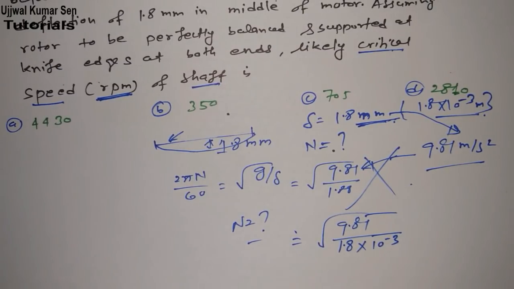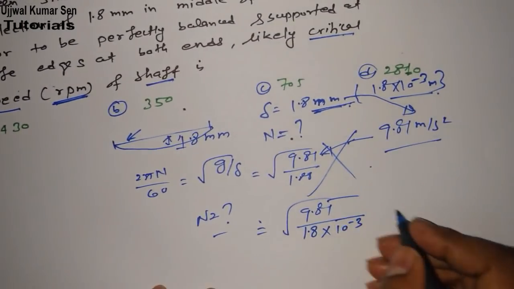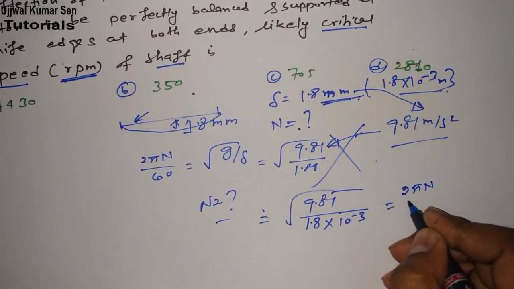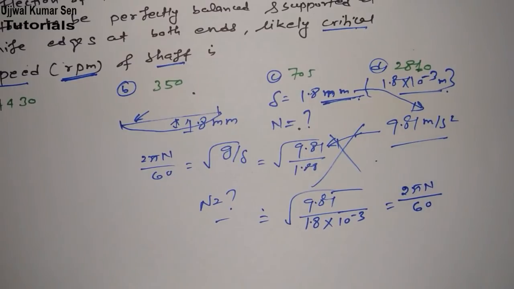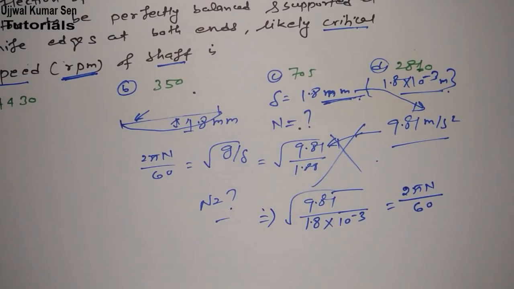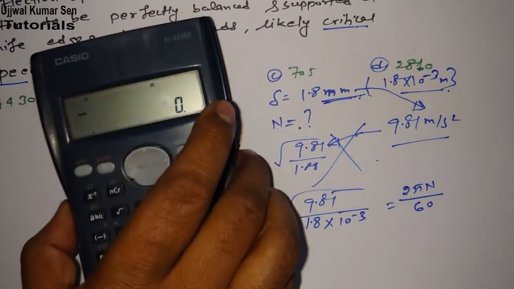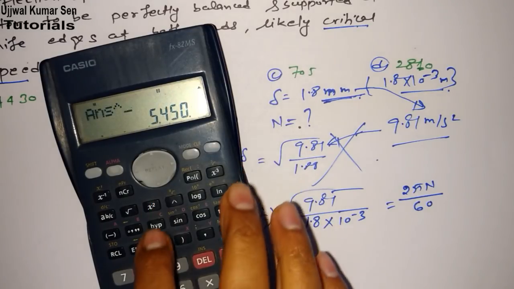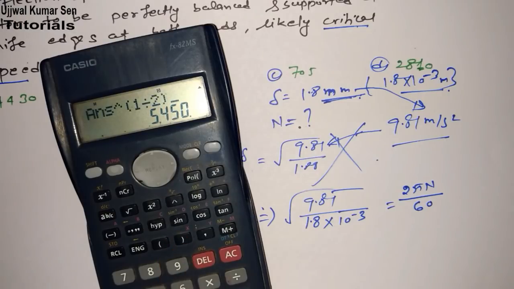Then only we will be able to get the right answer, which is equal to 2 pi N divided by 60. So what we require right now is a calculator. 9.81 divided by 1.8 multiplied by 10 to the power minus 3, and we have to take its root.